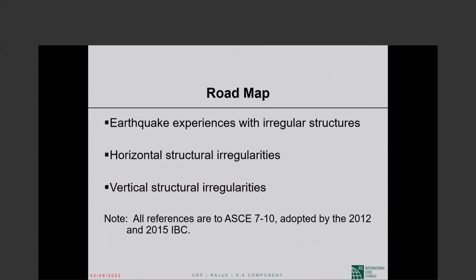This is what we will look at in this segment: earthquake experiences with irregular structures, horizontal structural irregularities that came up in discussion yesterday, and vertical structural irregularities. I showed you the lists from BNBC, which are the same as from ASCE 7. In this segment, all references are to ASCE 7-10 rather than 7-05.